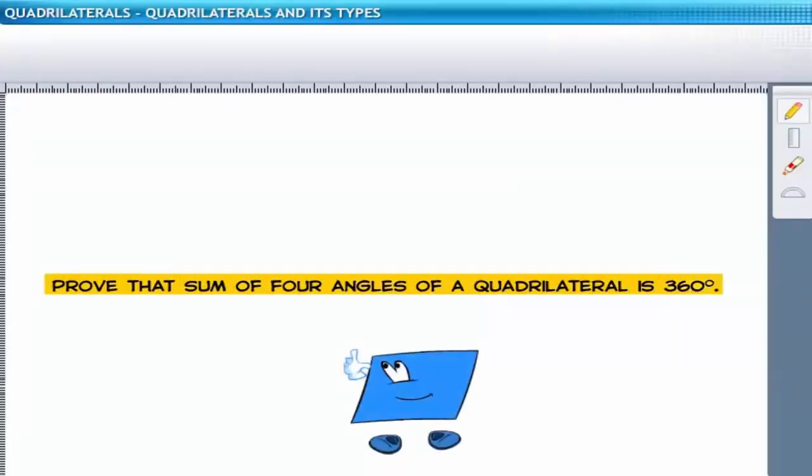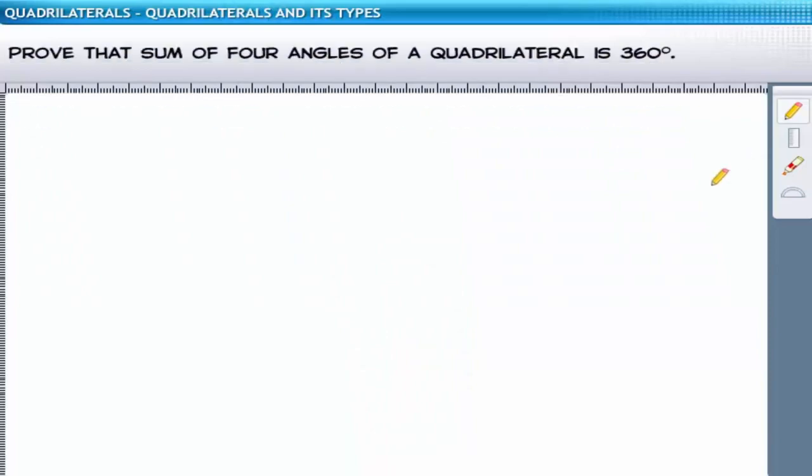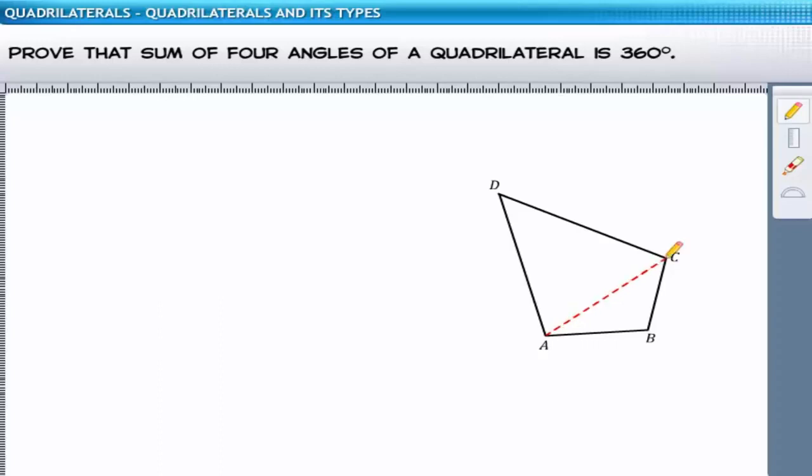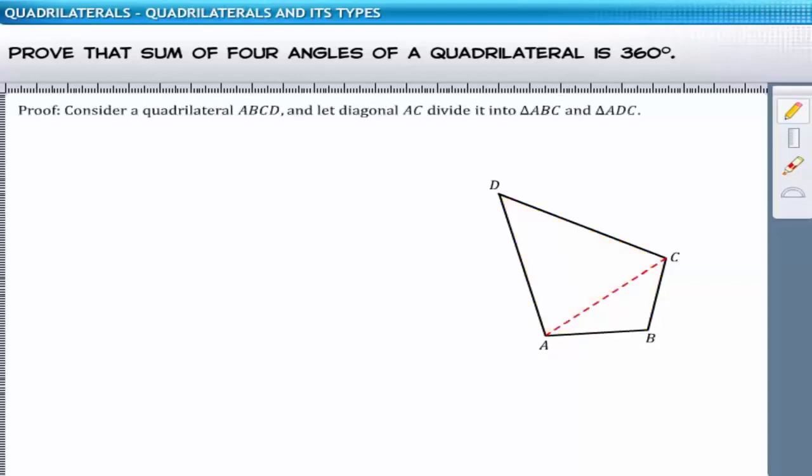Let's prove this theorem. Consider quadrilateral ABCD. Let AC be its diagonal such that it divides the quadrilateral into two triangles, triangle ABC and triangle ADC. The sum of the three angles of triangle ABC is equal to 180 degrees.